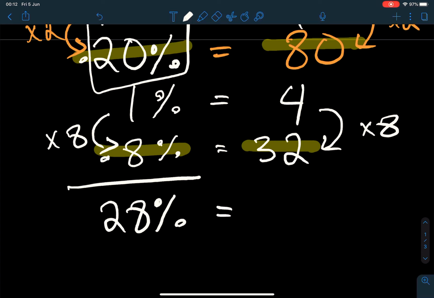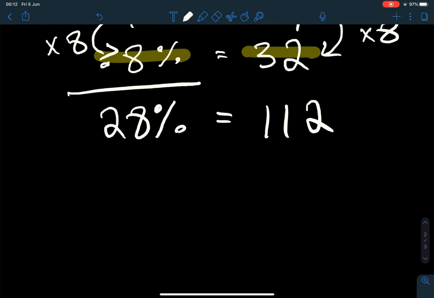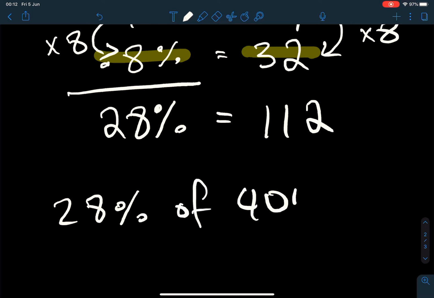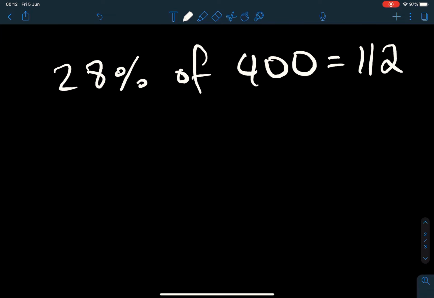So 28% would be 80 plus 32, which is 112. Therefore, 28% of 400 is equal to 112.